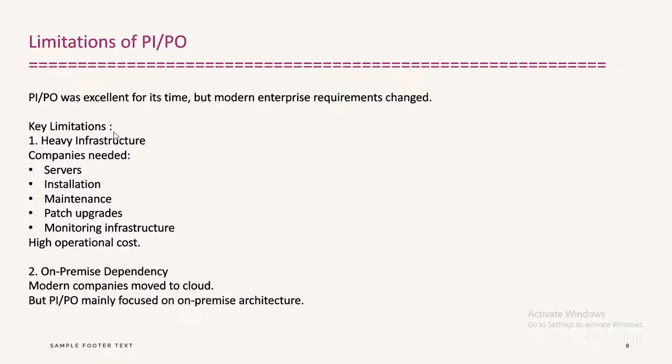This required space and time, and the cost to purchase all of it was very high. The second is on-premise dependency. Modern companies are moving to the cloud, but PAPO focused only on on-premise architecture. These are the key limitations of PAPO, and that is the reason SAP also moved to cloud integration.